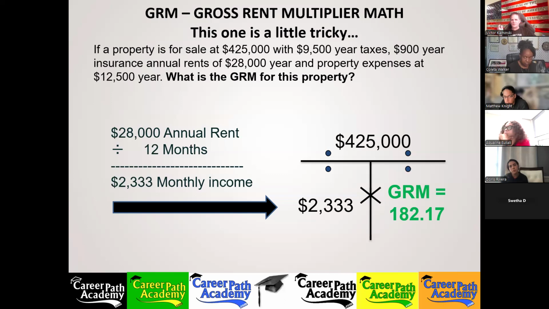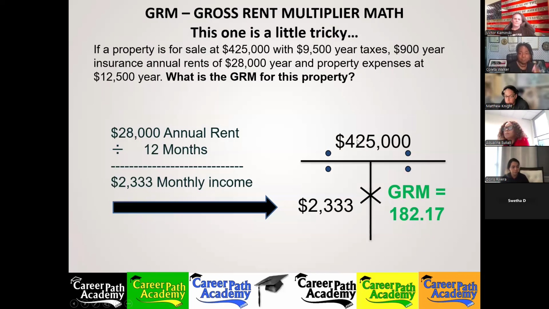The whole idea of giving you that extra information is to see if you know what you're looking for, or if you're just plugging in numbers, hoping it matches one of the answers. This is the type of thing they could do to you on the exam. I taught you that the reverse T formula is good for calculating the GRM, and the numbers you need for the GRM are the value and the gross monthly income. Then you plug in the numbers and it's pretty easy, isn't it? To do the math, especially with a calculator, right?